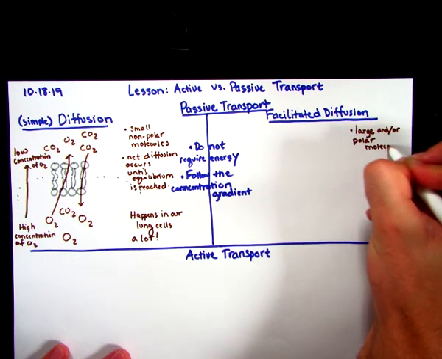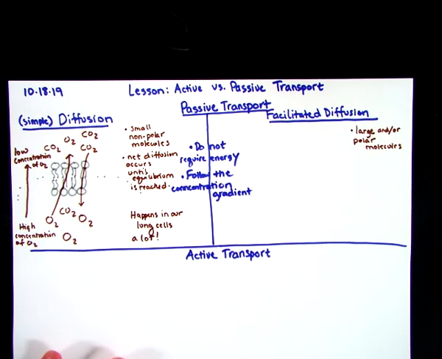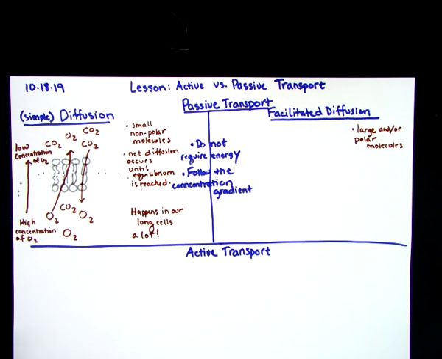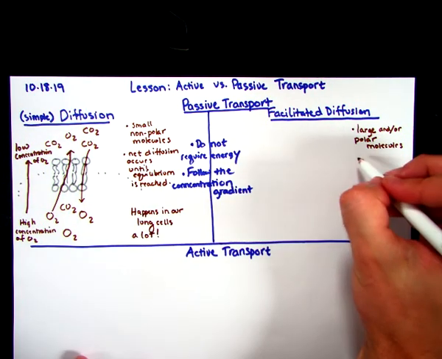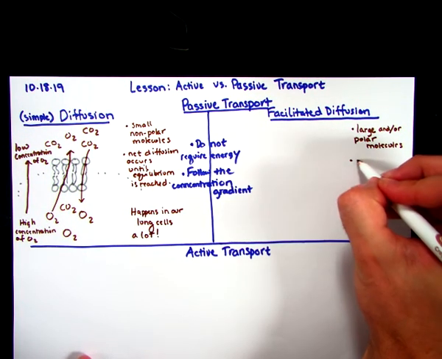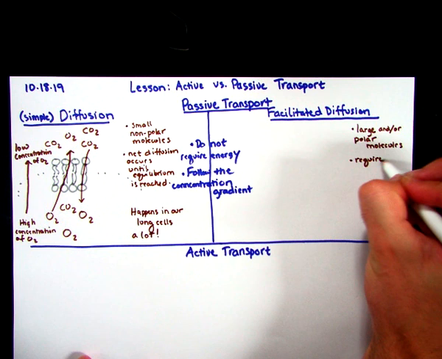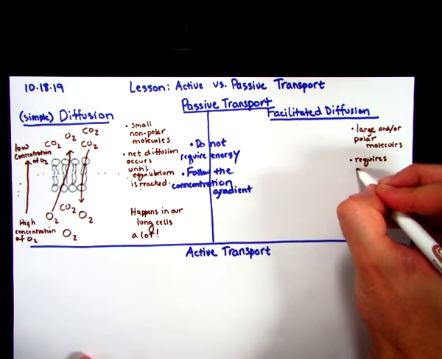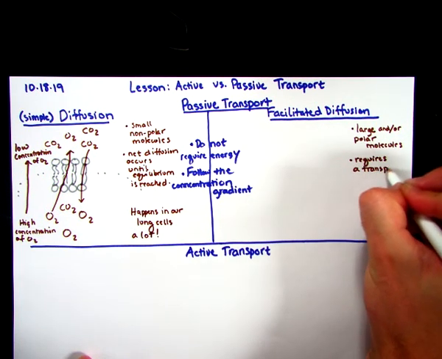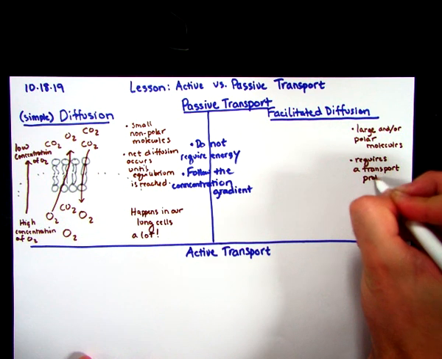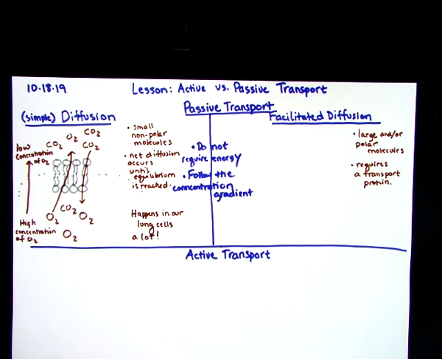Right? So this allows large and or polar molecules to pass through the membrane. And it requires a transport protein. Transport protein.